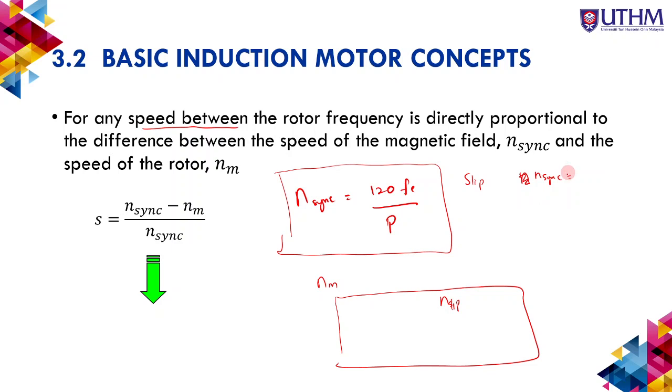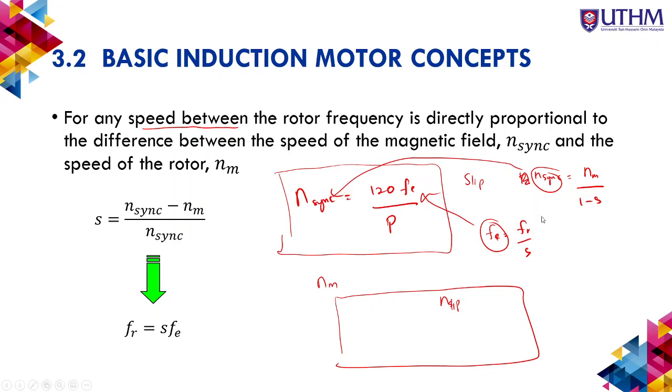Okay, and ini NM is 1 minus S times NSync. Yang ni ubah FE begitu, FR over S. So kita gantikan je lah, FE ni ganti kat sini, so yang ni ganti kat sini. Okay, so nanti boleh dapat lah.